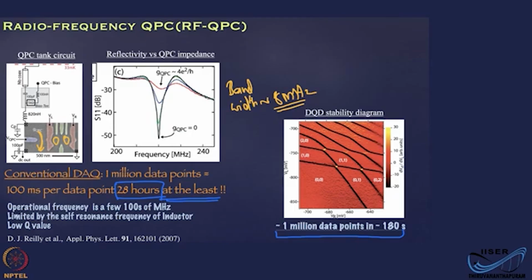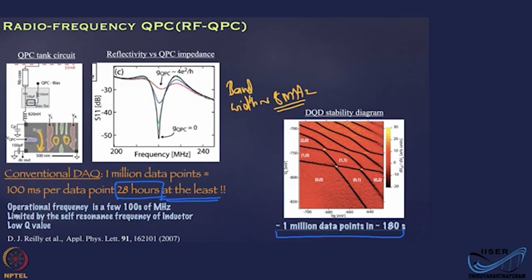That is probably the bandwidth in this case. That means you can detect signals up to like a megahertz, so up to a microsecond, probably something of that order, or a few hundreds of nanoseconds.